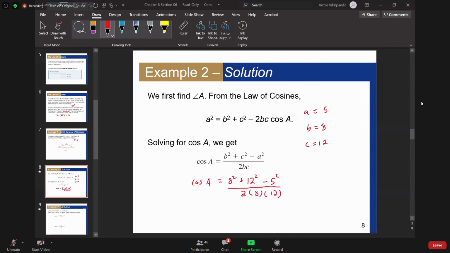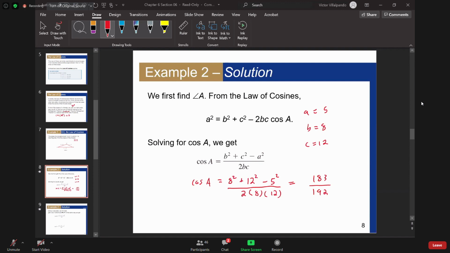If you have a nice calculator, it will just plug that in and should reduce to 183 over 192. Or you could have just used cosine inverse from the get go.